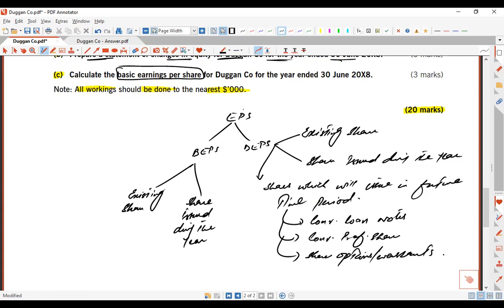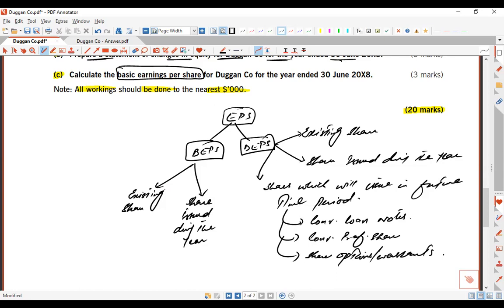By the way, it's a quick recall with respect to IAS 33. There are 2 types of EPS, the basic EPS and the diluted EPS. Basic EPS is calculated on the basis of the existing shares and the shares issued in the accounting period, whereas diluted EPS is calculated on the basis of 3 things: the existing shares, number 2, shares issued during the year, and number 3, we also take the impact of the shares which will be issued in a future time period.